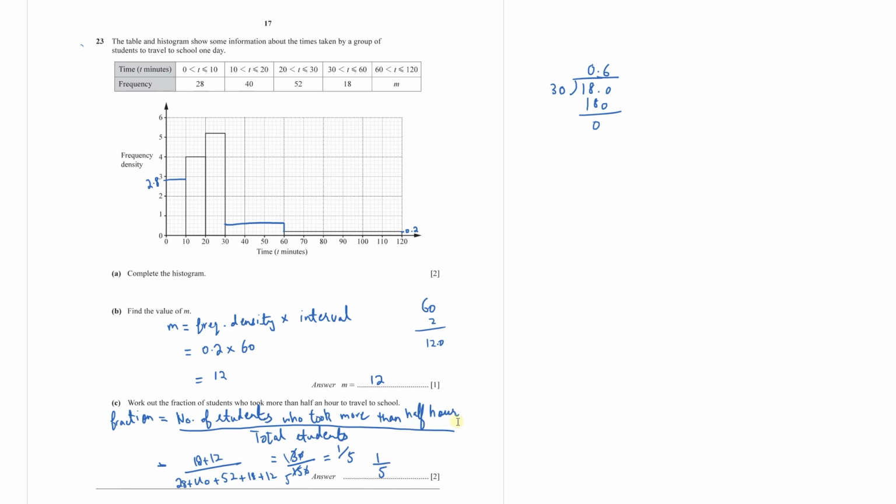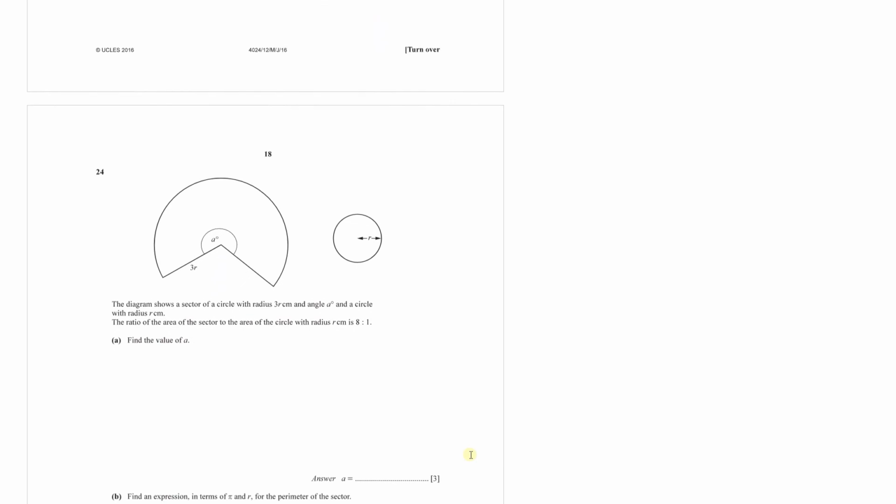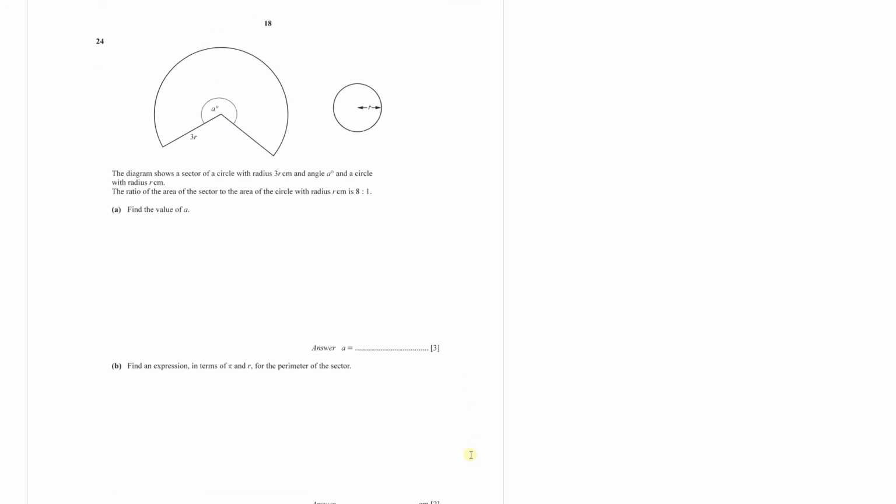Let's move on to question number 24. It says that the diagram shows a sector of a circle with radius 3r and an angle a degrees, and a circle with radius r centimeters. The ratio of the area of the sector to the area of the circle with radius r centimeters is 8:1. Find the value of a.